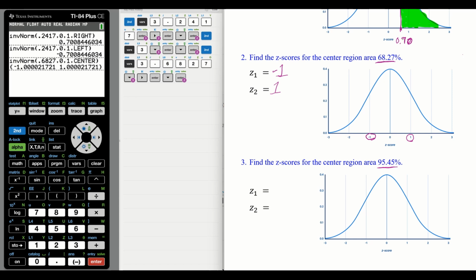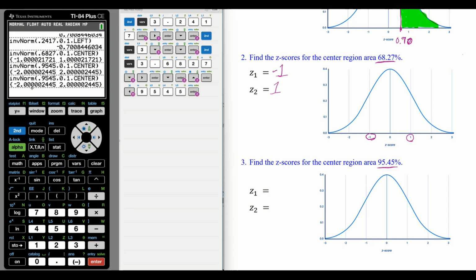Okay, on the next one, we're looking at 95.45. I'm going to show you a little something. I haven't been doing it because I want you to remember where I went, but you can go up, select that, bring it down, and go over and put in the 95.45. Okay, notice everything still remained the same.